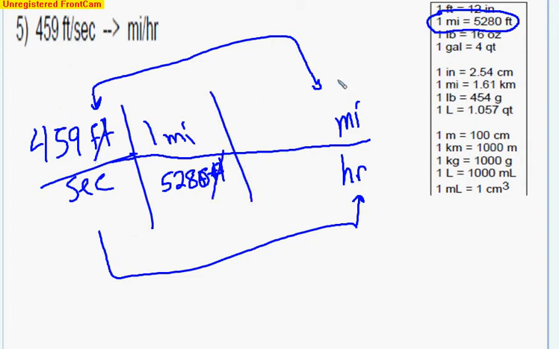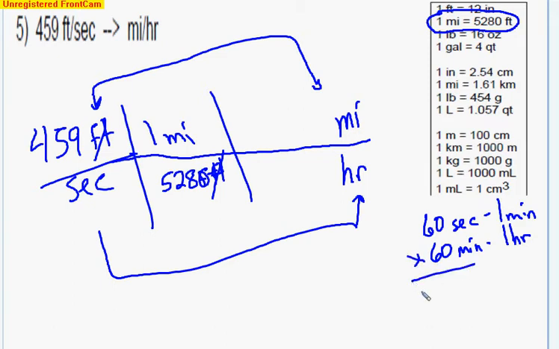Now I just got to get from seconds to hours. And if we remember, there's 60 seconds in 1 minute, and then there's 60 minutes in 1 hour. So if I do a quick calculation, 60 times 60 gives me 3,600 seconds in 1 hour.